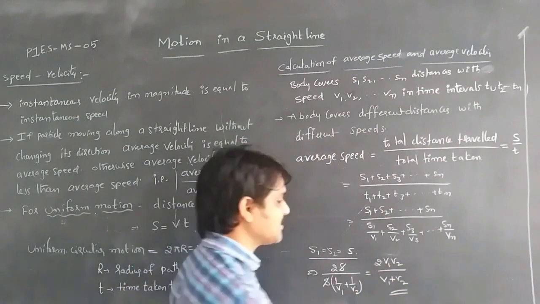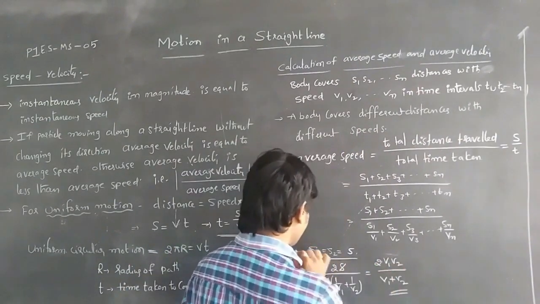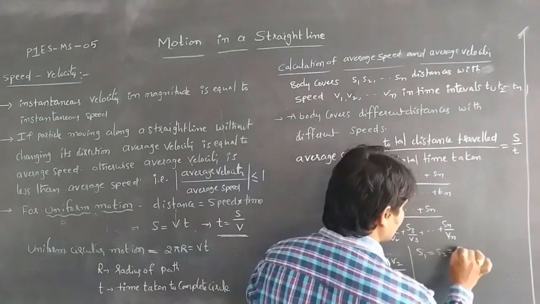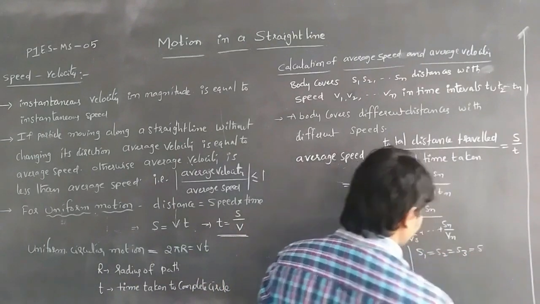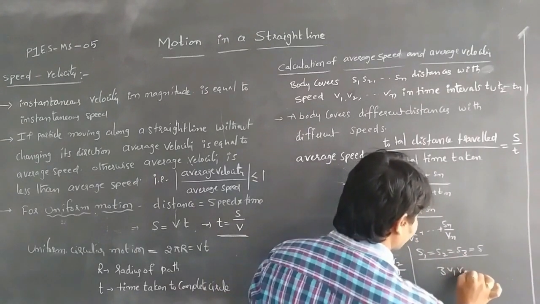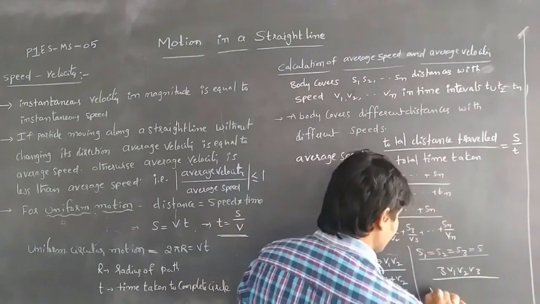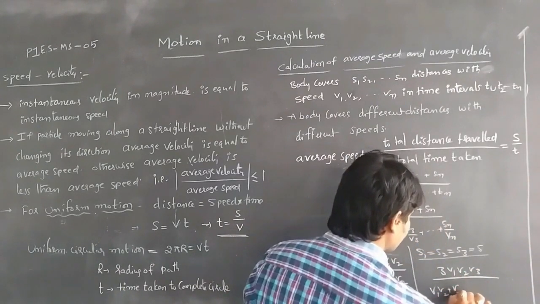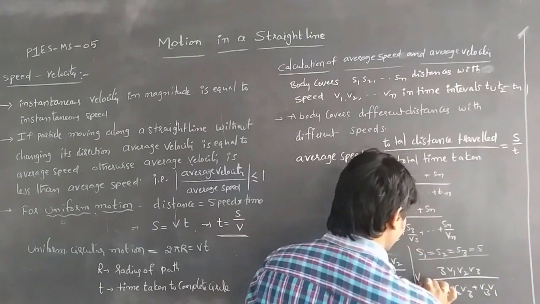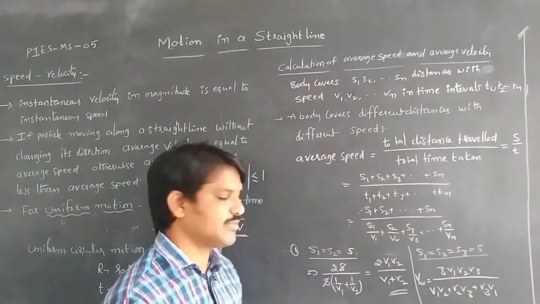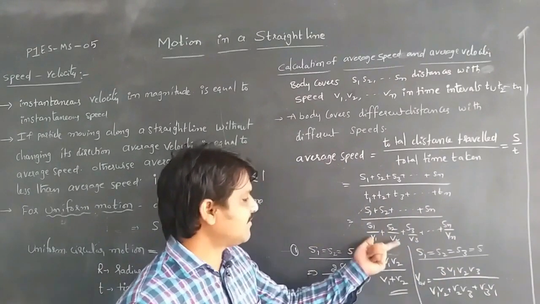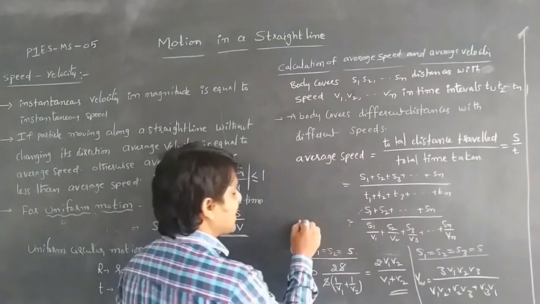That was for two displacements. In case of three displacements, if s1 = s2 = s3 = s, then we get the average speed as 3v1v2v3 by (v1v2 + v2v3 + v3v1).